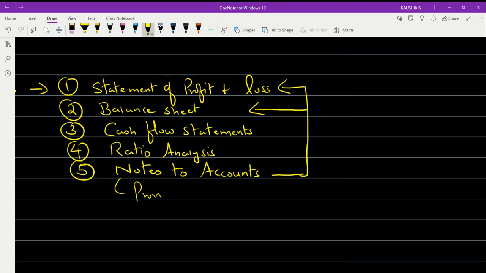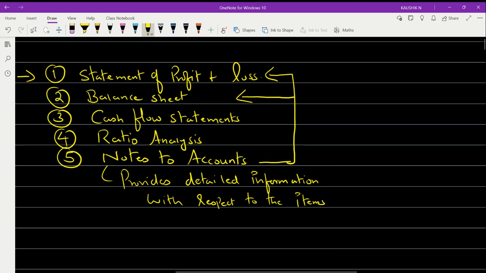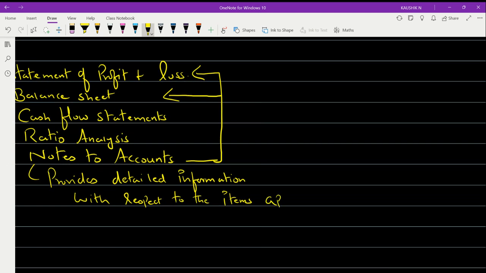Notes to account provide detailed information with respect to the items appearing in P&L and balance sheet.